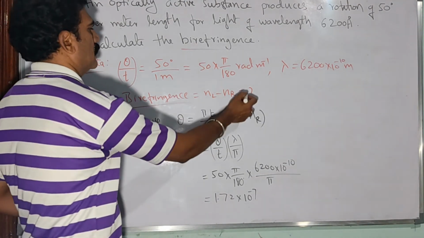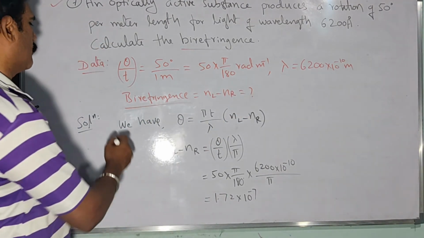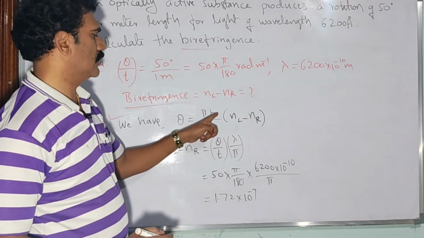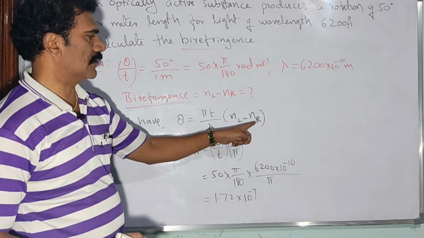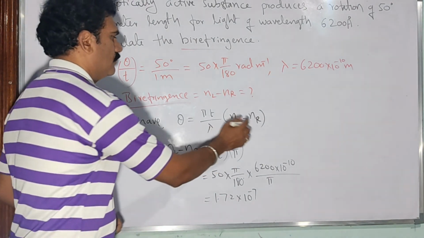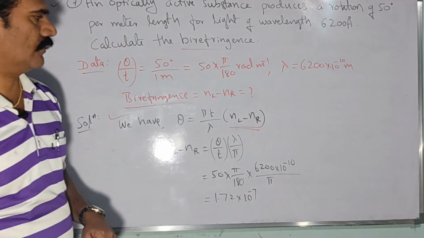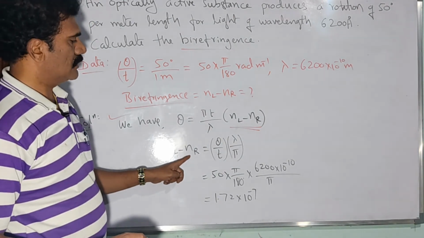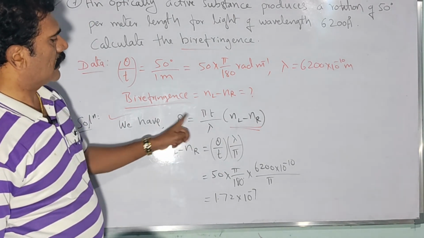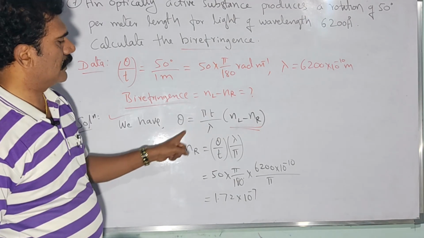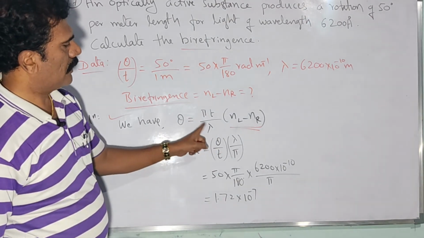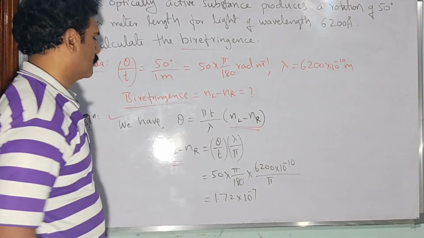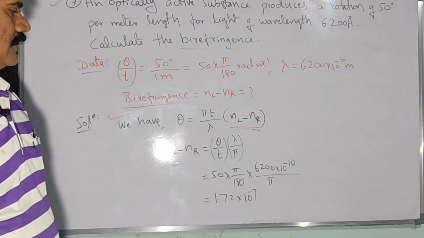The formula we already have from the previous problem is theta equal to pi into t by lambda into NL minus NR, isn't it? In that formula we have the difference here. So take the difference as NL minus NR and simplify by cross multiplication; you can write theta by t and lambda by pi. That rearrangement of the equation will give you the difference NL minus NR.